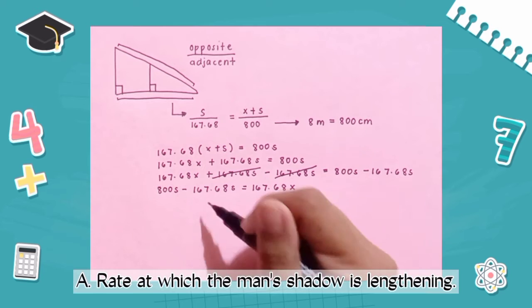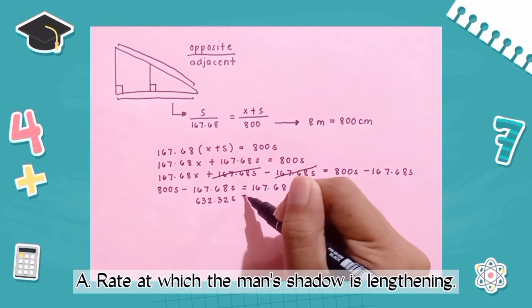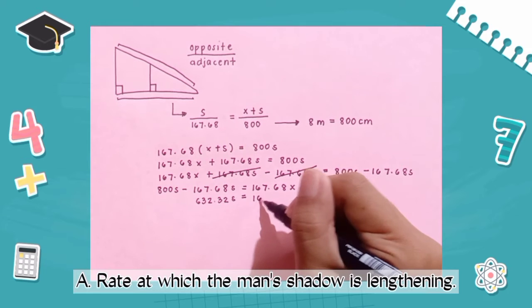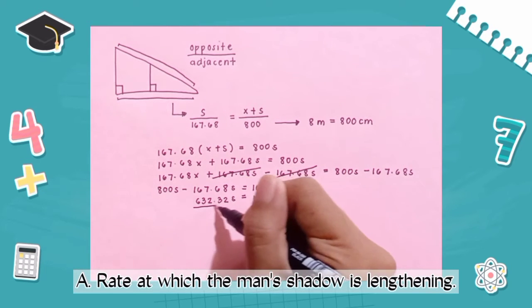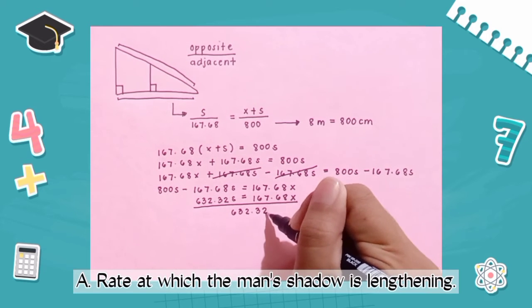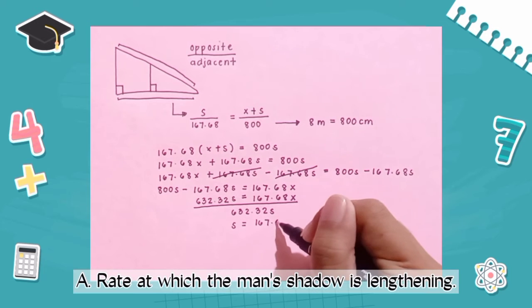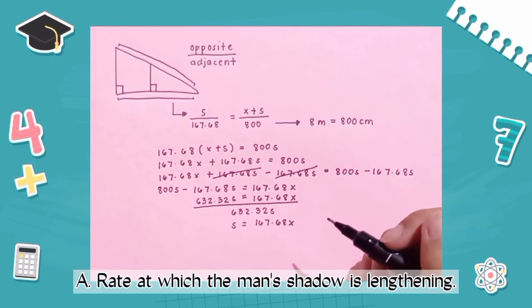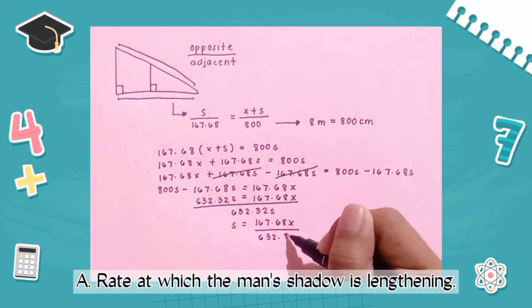Then we subtract this one. We will have the result of 632.32S. Then we can divide both sides by 632.32 to extract the value of S. Now we have S is equal to 167.68x over 632.32.